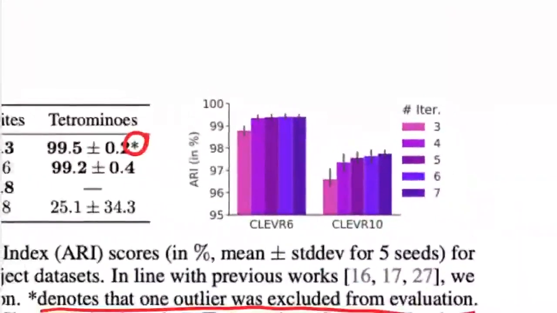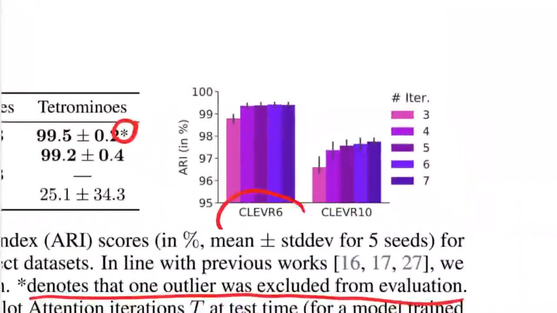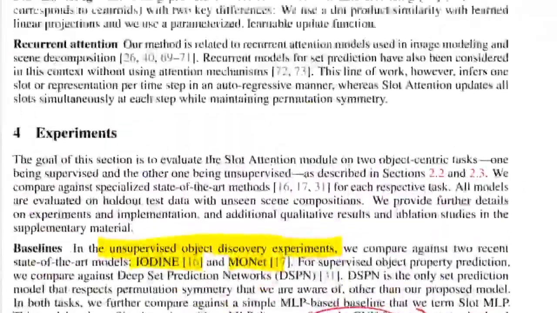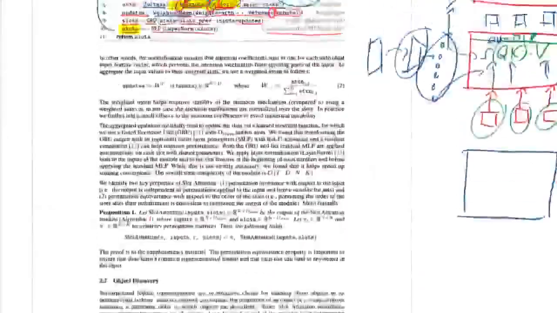Here, this dataset has 6 objects, and this dataset has 10 objects. Now, the model has only ever been trained on 6 objects, and they can just up the number of slots at inference time, and it'll work also very well. Also, they can now up the number of iterations. Since these are all weight shared, these iterations, right? We've looked at it. There's weight sharing between the iterations.